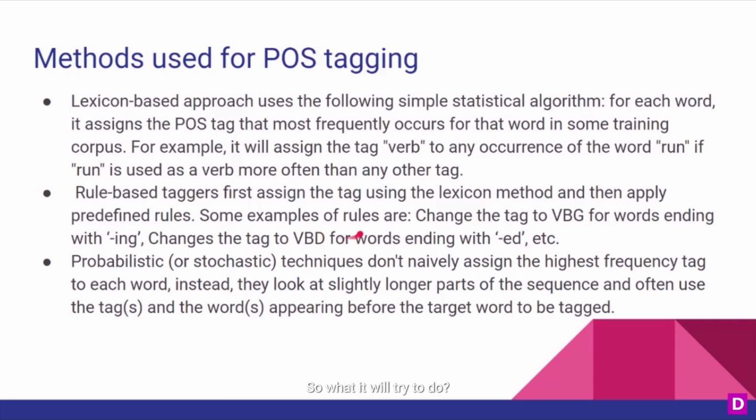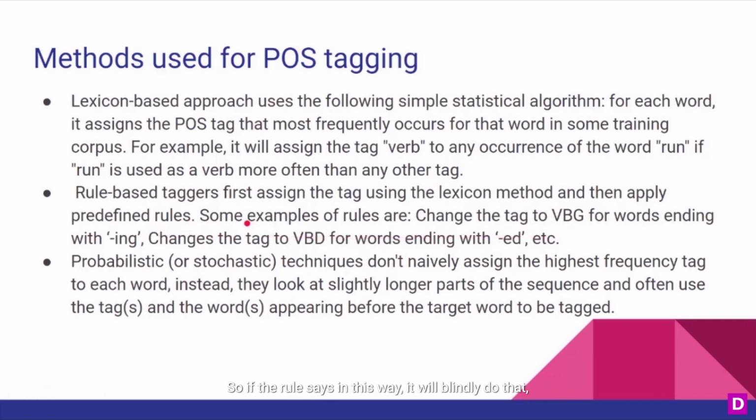So suppose I have defined a rule: whenever you encounter a verb ending with ing, you just change the tag of the word from VBG to VBD. So that's what the rule says.